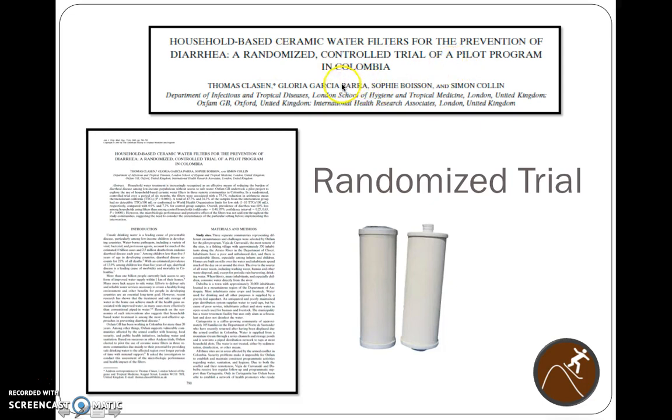In this particular example, Oxfam International, Oxfam Great Britain, they provided these ceramic water filters to a certain community, and they were interested in seeing the diarrhea rates for those that had the water filters versus those who didn't.